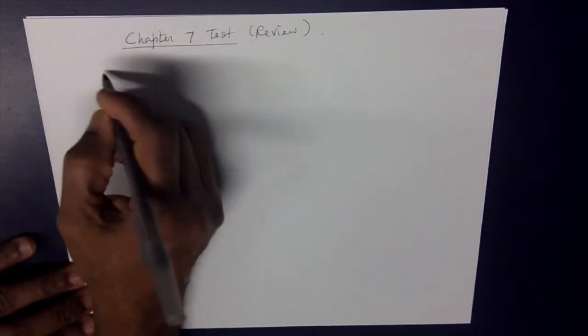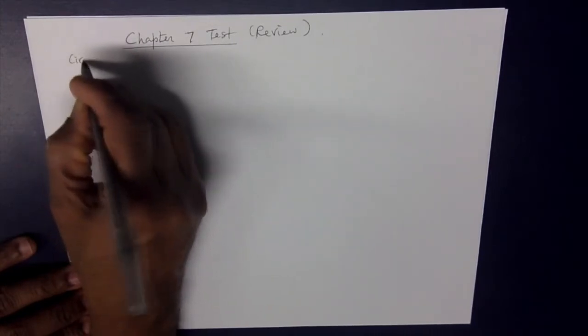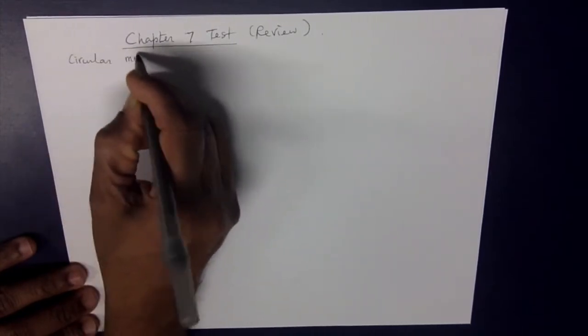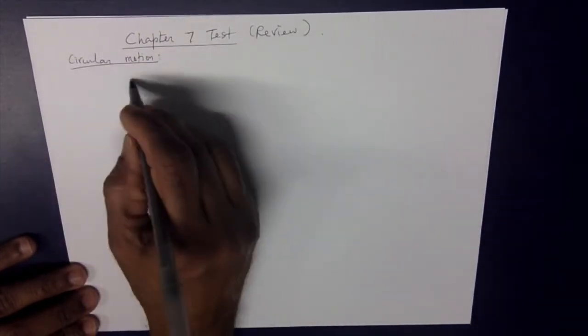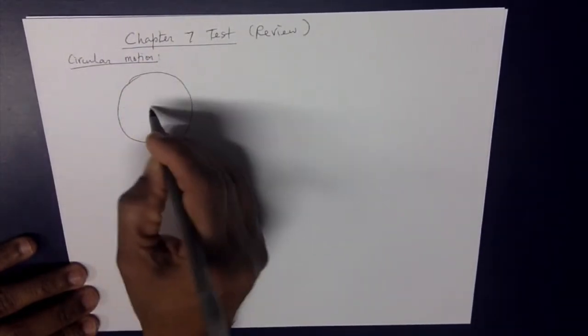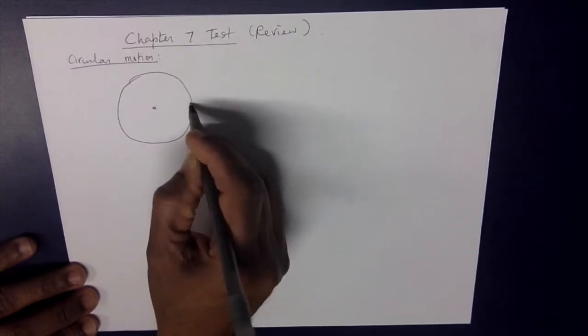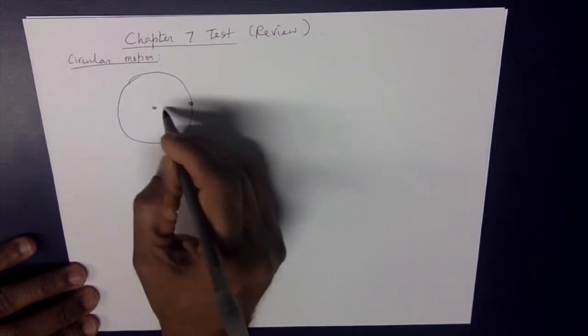First things first, circular motion. What is circular motion? When an object is going round and round, spinning about an axis or a center.